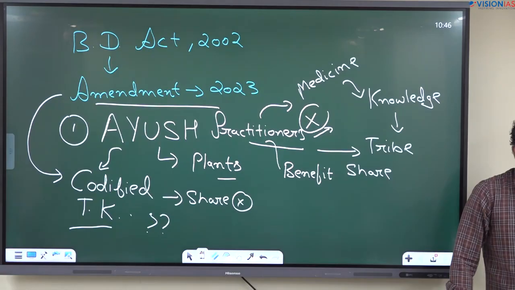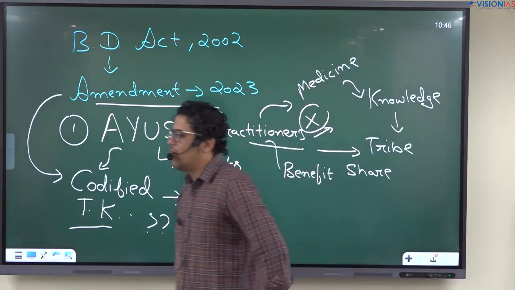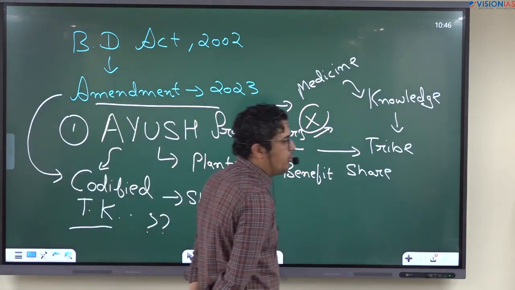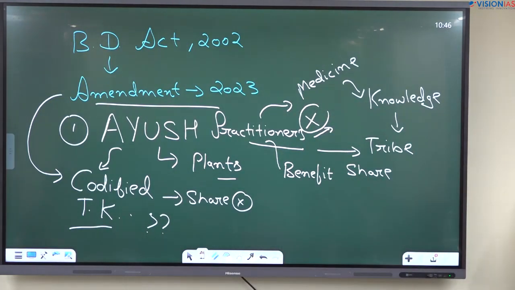Write the next point. Ayush practitioners. In brackets write down Ayurveda, Unani, Siddha, S-I-D-D-H-A, and homeopathy. Bracket close.